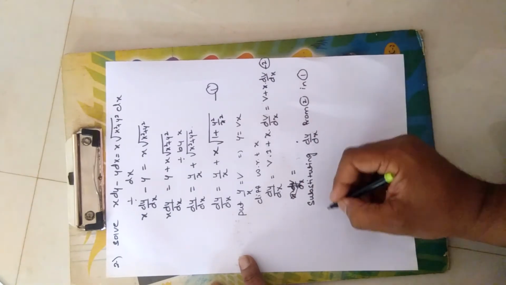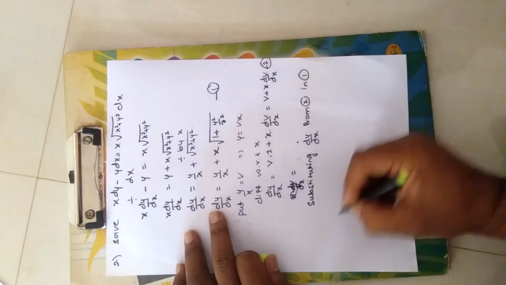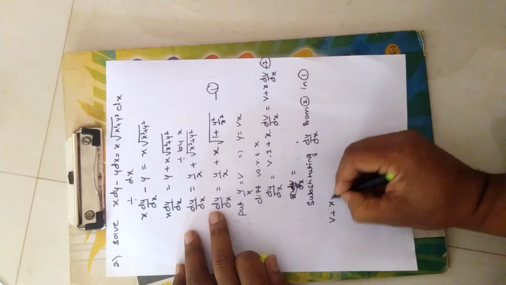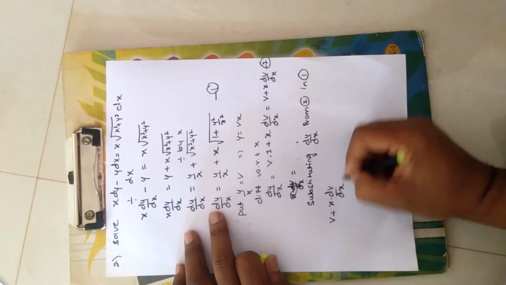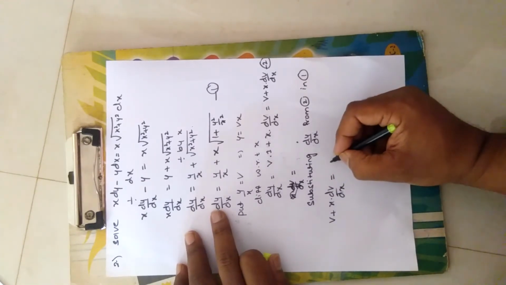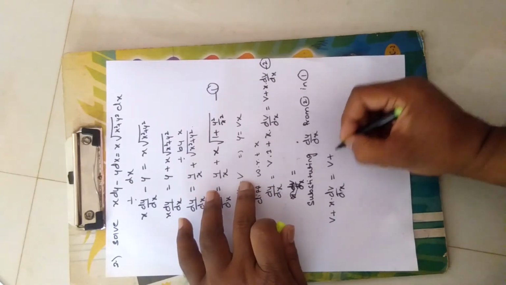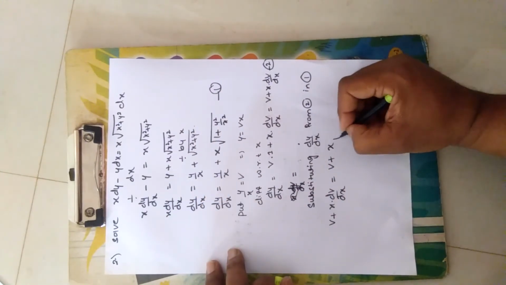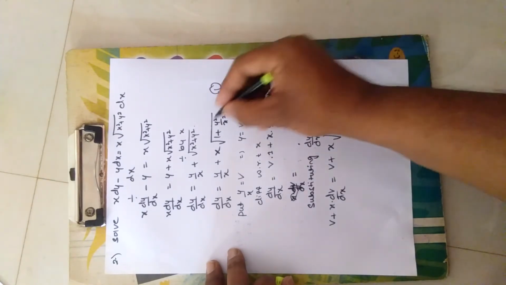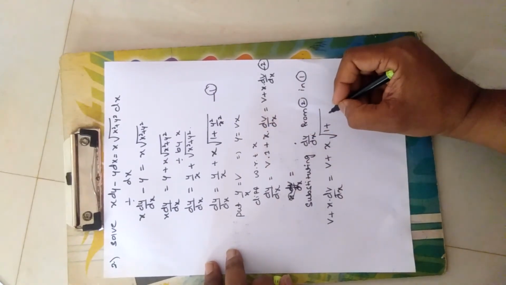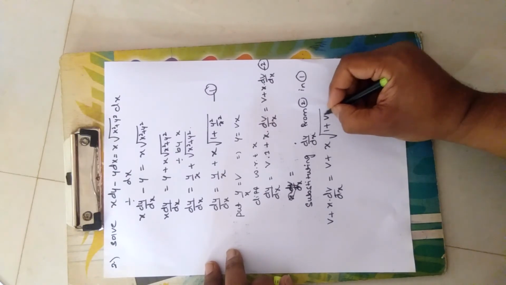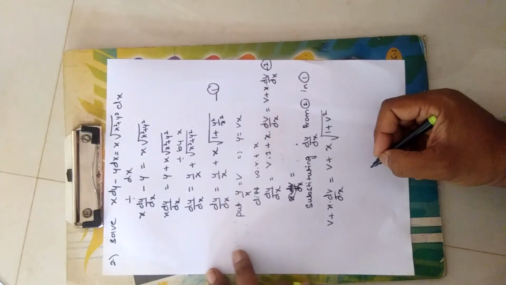So what we get here is v plus x into dv by dx is equal to y by x, that is v, plus x square root of 1 plus y by x whole square, so it is v square.